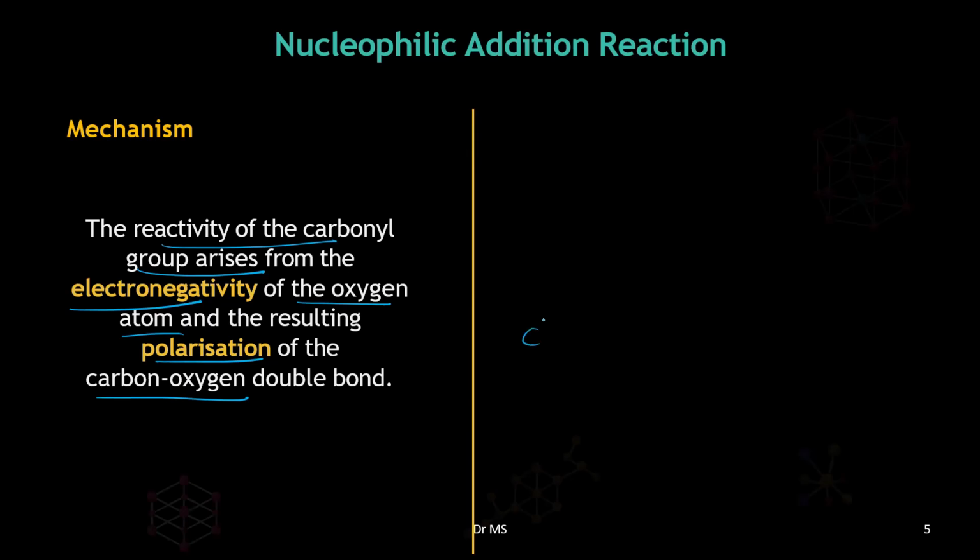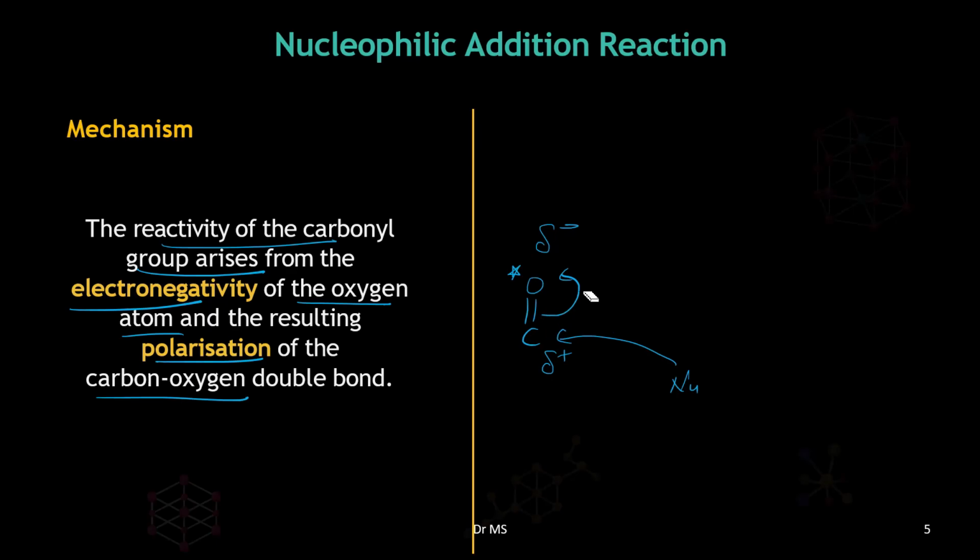Yes or no? If the oxygen is electronegative, then only it is able to pull the electrons over it. So it can turn out to be negative charge and the carbon can turn out to be positive charge. Then only the nucleophile can come and attack here. So that's a very important thing. The polarization mainly depends on the oxygen, whether it can create the polarization in the carbonyl carbon-oxygen double bond or not.